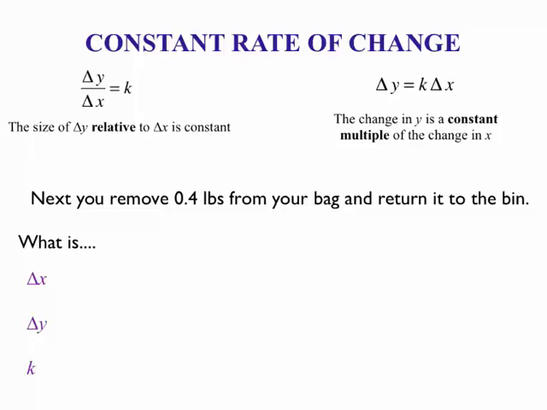Okay. Next, you remove 0.4 pounds from your bag and return it to the bin when no one's looking. Right? Go. What is delta x, delta y, and k?